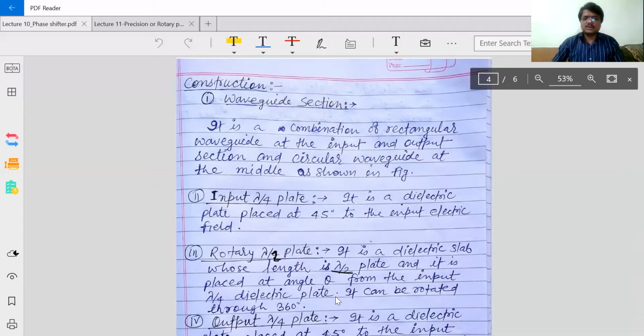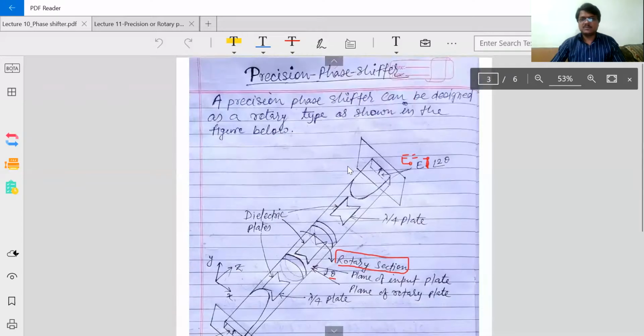If you want to know the mathematical analysis of this precision phase shifter, then join my next lecture, or you can watch the next lecture, which is uploaded on YouTube.